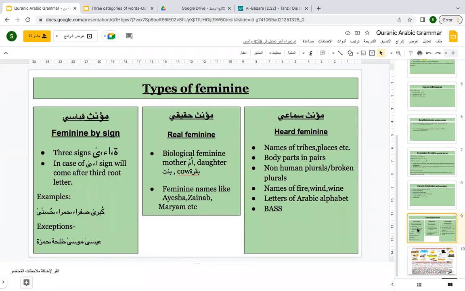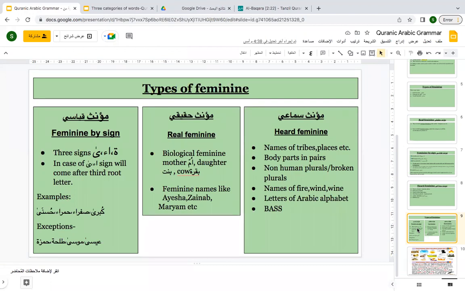What about bus? For bus, this muannath sama'i category is all actually like that. Because Arabs have treated them as such, there is no reason or rhyme. Because a tribe honestly does not have a gender. When you were doing your real feminine, you had a sign that helped you identify that the word is feminine.